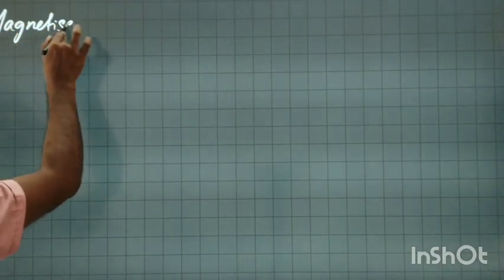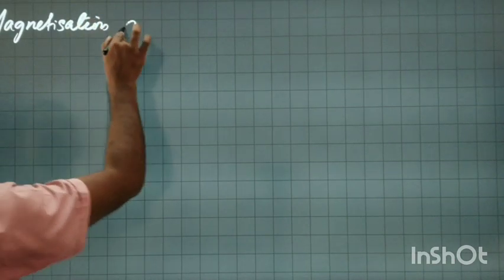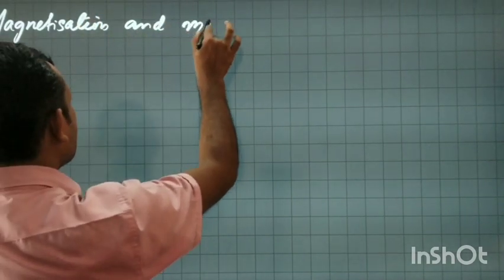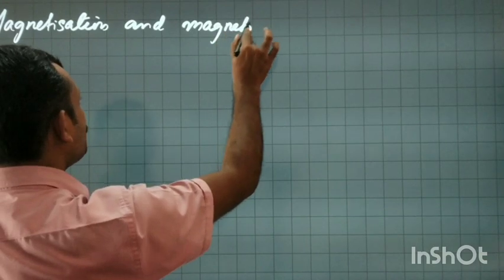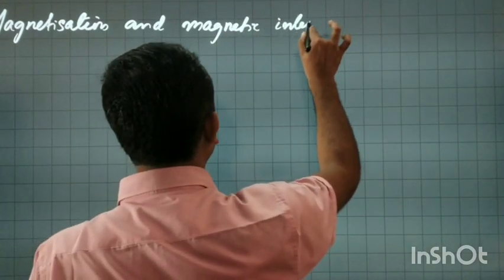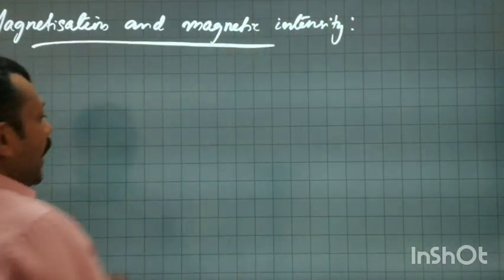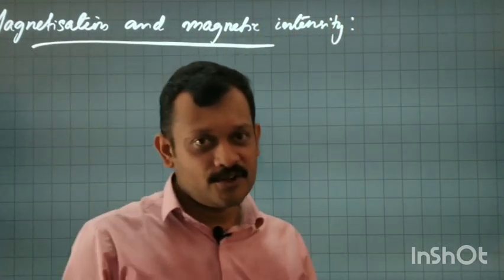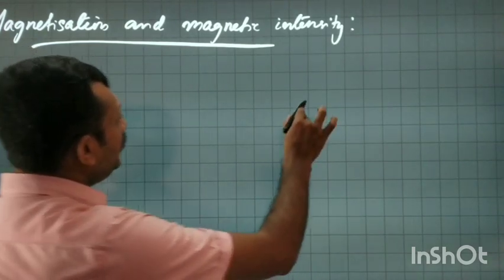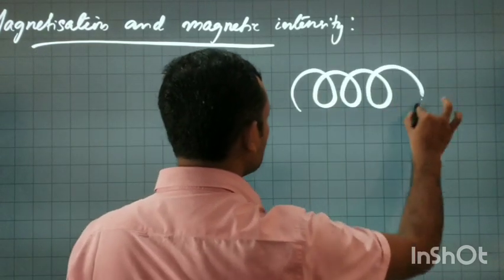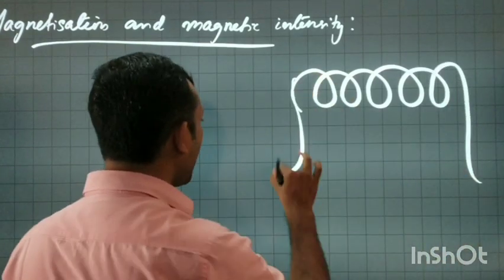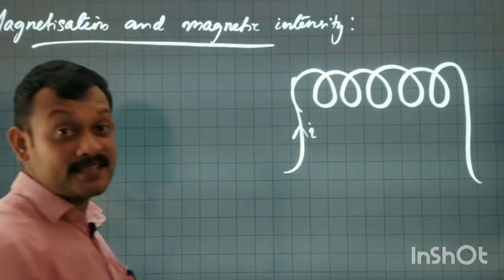Now we are going to discuss the next topic, that is magnetization and magnetic intensity. Let us consider a solenoid carrying a current, assuming it's a long solenoid.